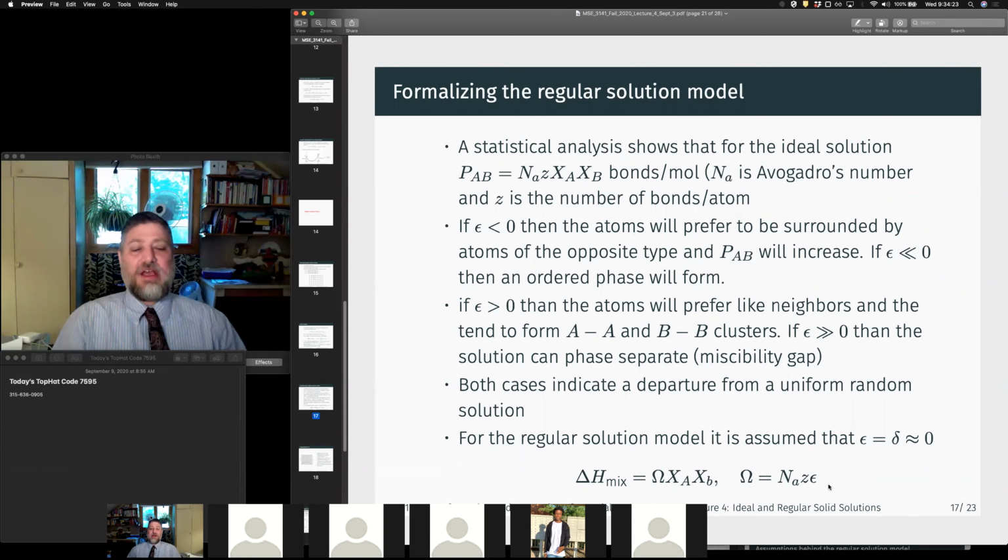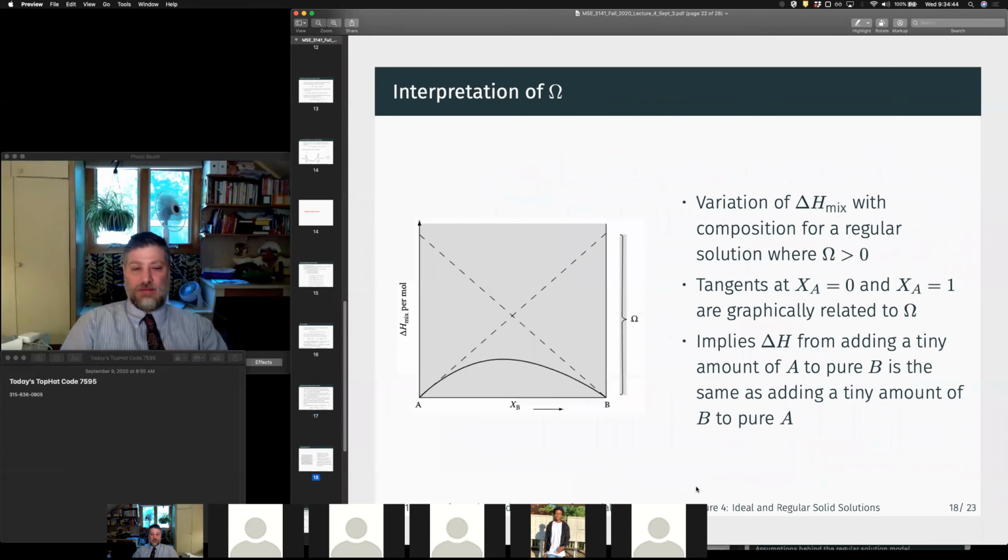Yeah, you have to be given some information to calculate it, but it's just a parameter, right? Don't ascribe too much physical meaning to it. It just tells you how the change in enthalpy on mixing is going to be related to the composition. All right. Thanks.